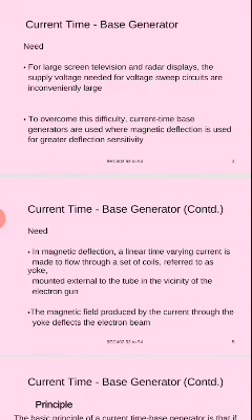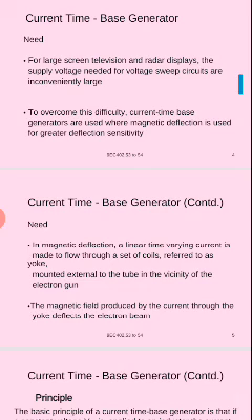And the same current based generator is used in radar displays also.